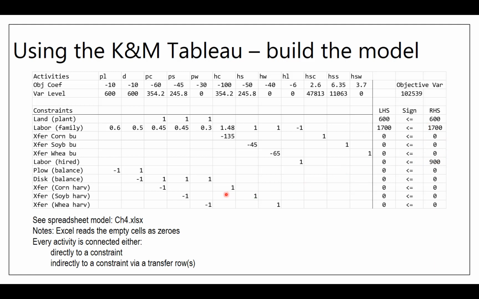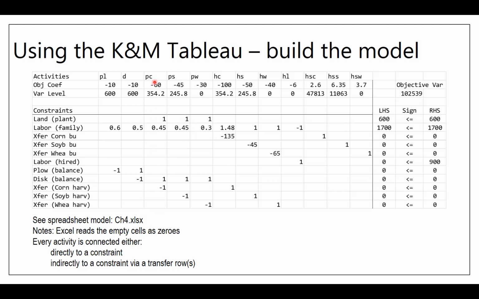In terms of the other activities, let's think about maybe harvest activities or plant activities. The planting activities are directly constrained by the 600 acres of available crop land. Okay, so these activities are the planting activities. They all have ones, and that 600 imposes a limit.